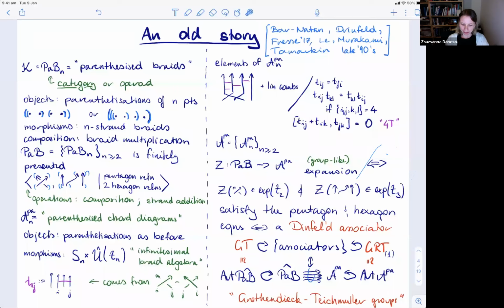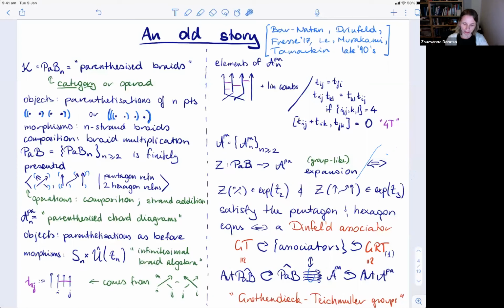And this fact fits into a larger picture. Drinfel'd associators have some symmetry groups which have commuting free actions, left and right actions on Drinfel'd associators. And that has a very nice topological explanation in terms of these expansions.